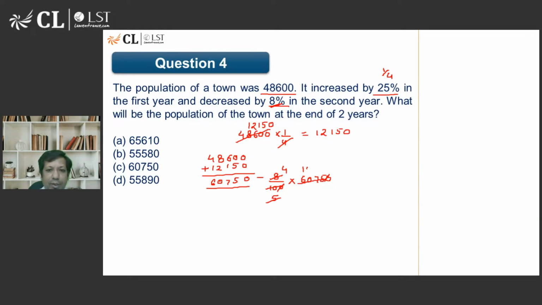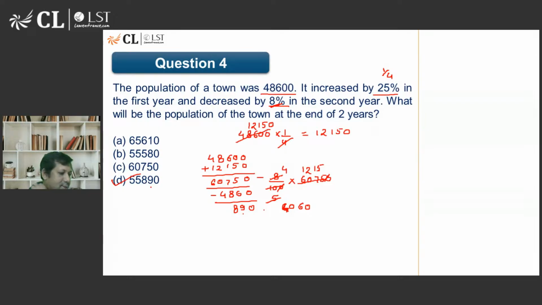This comes out to be 12,150... sorry, 4860. So minus 4860 will be the answer. So this is going to be 6, this is going to be 9, then 16 minus 6, this is 8. So 55,890, that is there only in one option, that is option D.